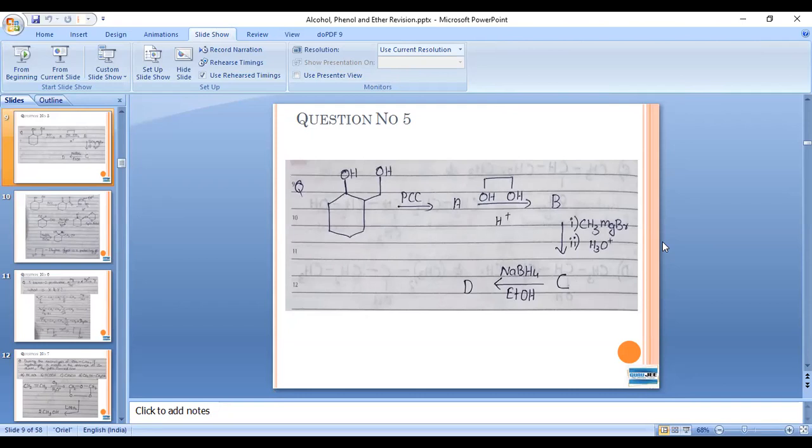Now, glycol is a protecting agent. Third one is the actual reagent. From B to C, the actual reaction takes place. C to D is simply retaining the reactant.